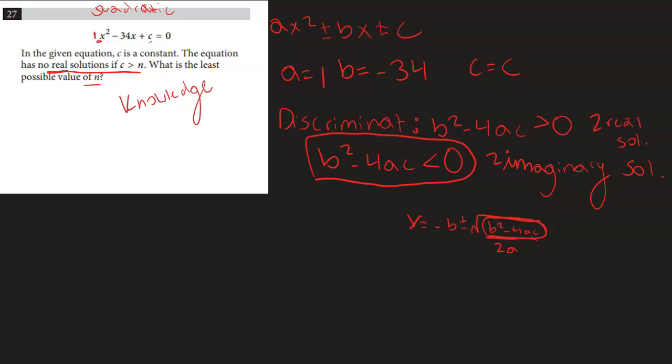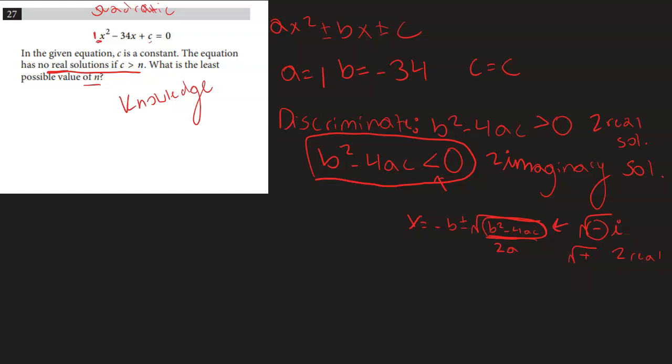So if this number is less than 0, you can't take a square root of a negative number, so it must be imaginary. And so that's why it's this less than 0 to find the imaginary. But if it's greater than 0, then you can take the square root of it, and it would give you two real solutions. And so that's kind of the theory behind the discriminant.